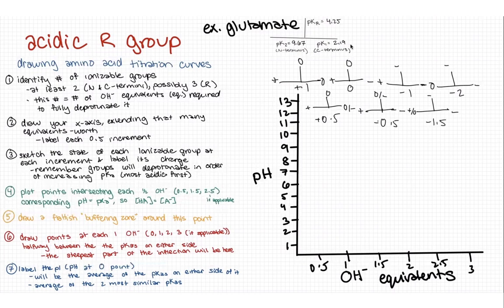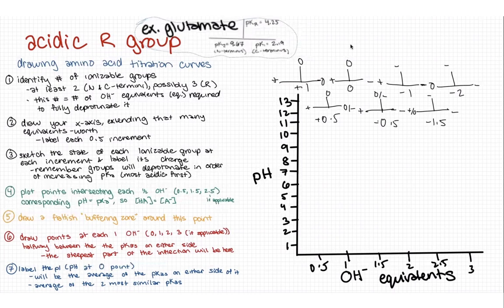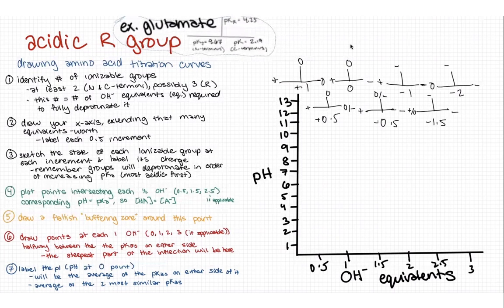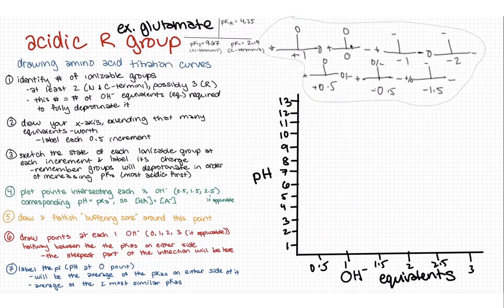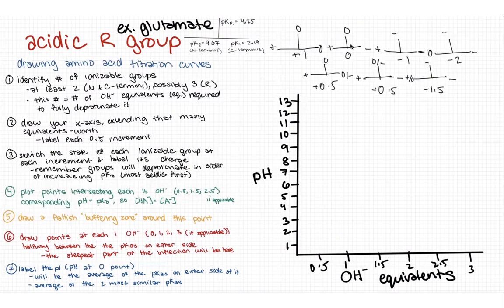Now we're going to go ahead and plot things out. In order to be able to do this, I'm kind of going to smooth things over a little. So hopefully you have more room on your paper than I have on my screen. But basically we're going to plot these. What's the first thing we're going to do when we're plotting? Well, we need to plot out where the pH intersects our pKa. So we're going to take our first point, our strongest acid.